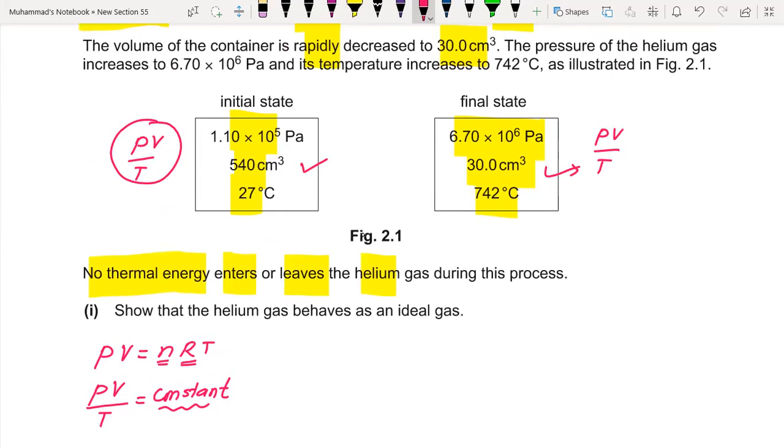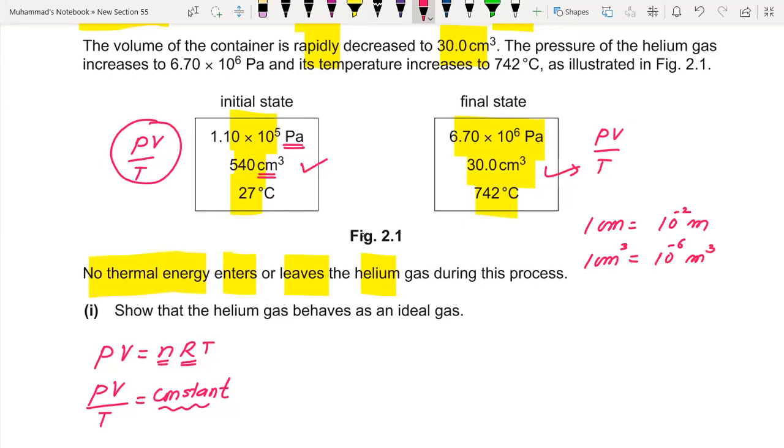So pressure over here is given in standard SI unit. What do we have to convert? We have to convert volume from centimeter cube to meter cube. Most of the students forget that. So you know that 1 meter is 100 centimeter. So 1 centimeter is 10 to the power minus 2 meter. So 1 centimeter cube is 10 to the power minus 6 meter cube.